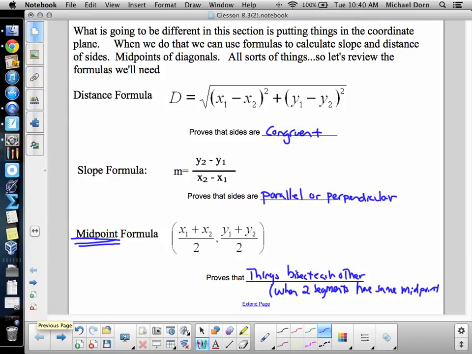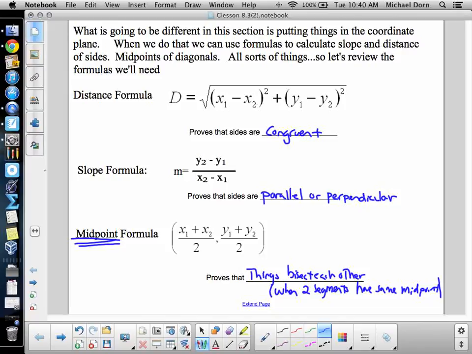Okay? So basically, we have these three formulas we use in the coordinate plane, and that's all we're doing for the homework today: working in the coordinate plane and using these formulas.